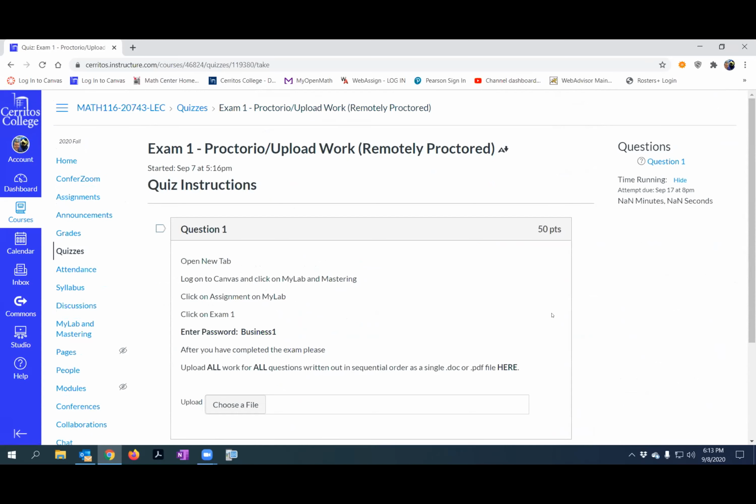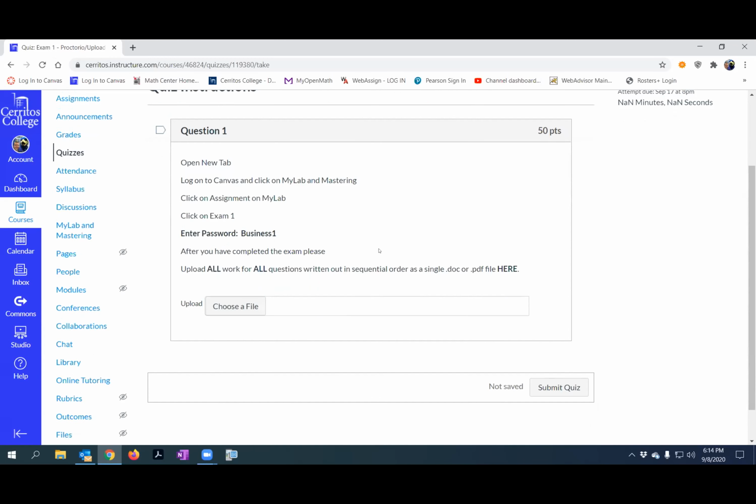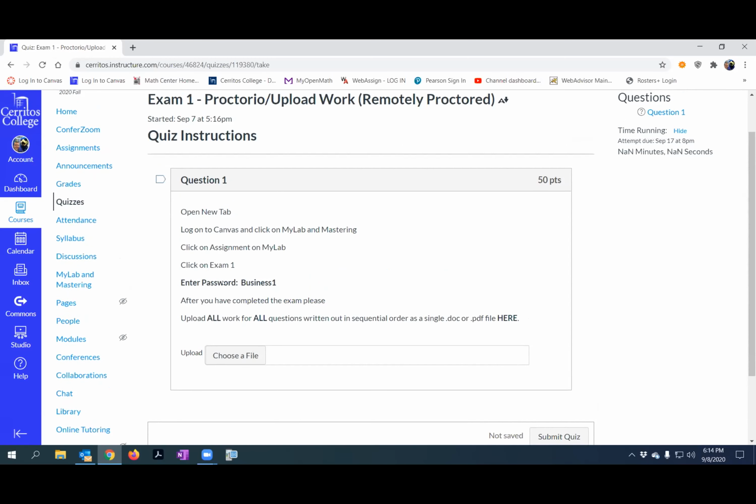Preview the quiz. I'm hoping that I can get this to update. But it says open a new tab. Log on to Canvas. Okay, I logged on to Canvas.